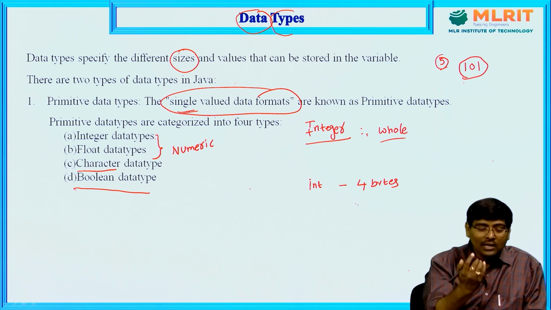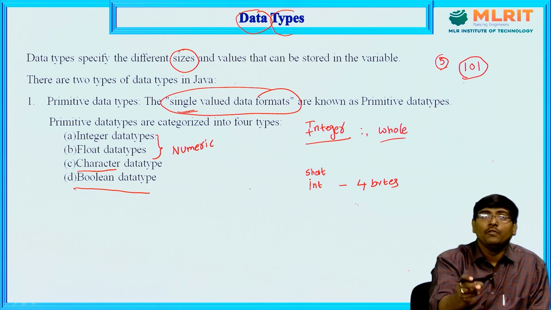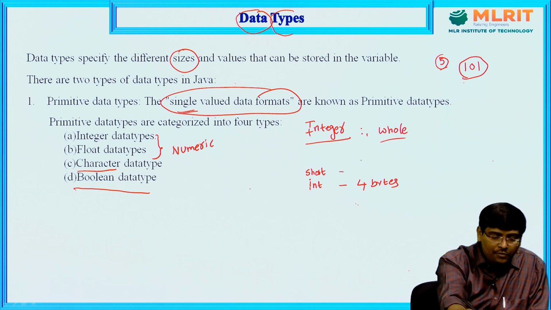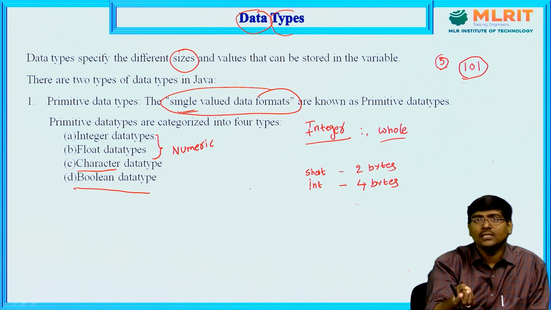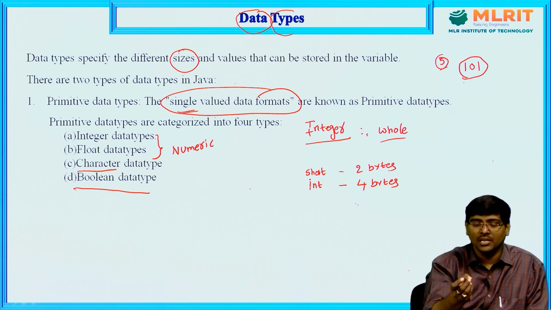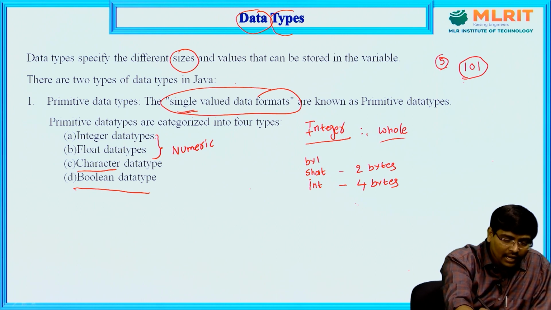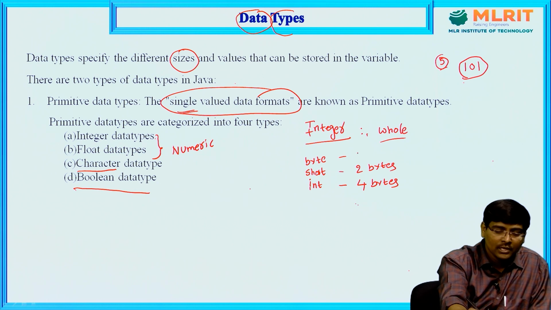To overcome that problem, we have another data type, short, which is also used to store integers. The size of short is 2 bytes, that is 2 into 8, 16 bits. Again it is a waste. Another data type is byte itself, which allocates 1 byte of memory.